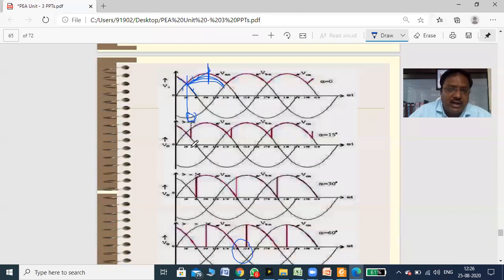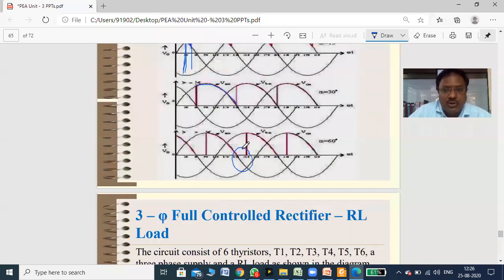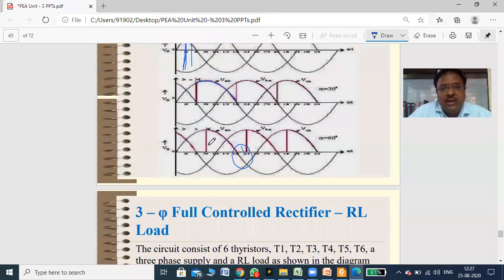Here the alpha is 0, and here alpha is greater than 0. Then the output may be like this. Alpha is again increasing, and the output is like this. You can see here when alpha is greater than 90, the operation is discontinuous.